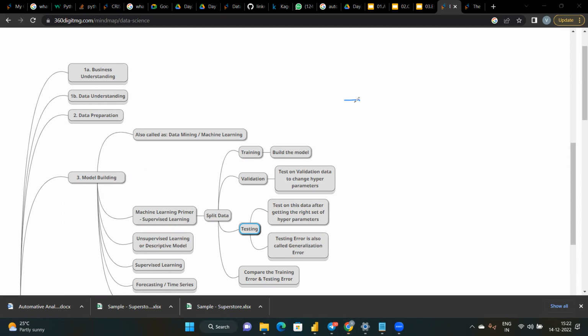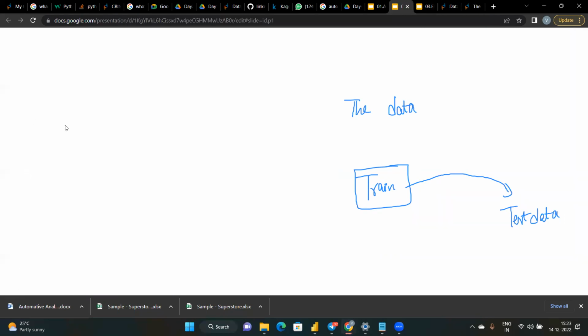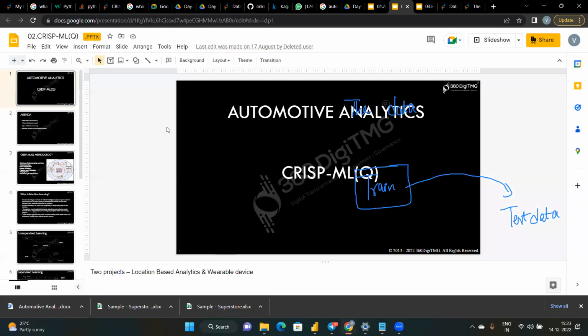The data which we have, we're going to send to train. After training the data, we are going to send it to the test data. I'll show you the image, guys, so you get a good idea of that.